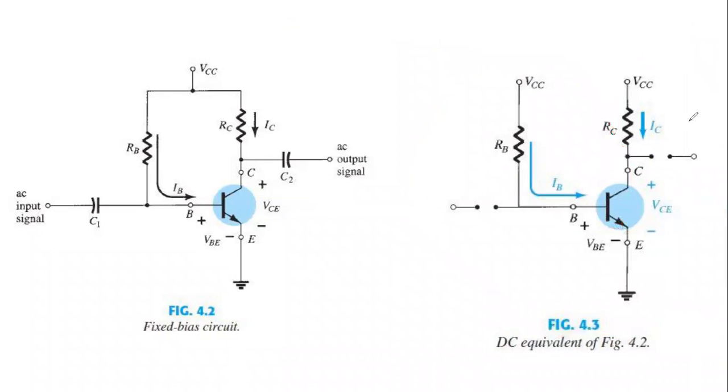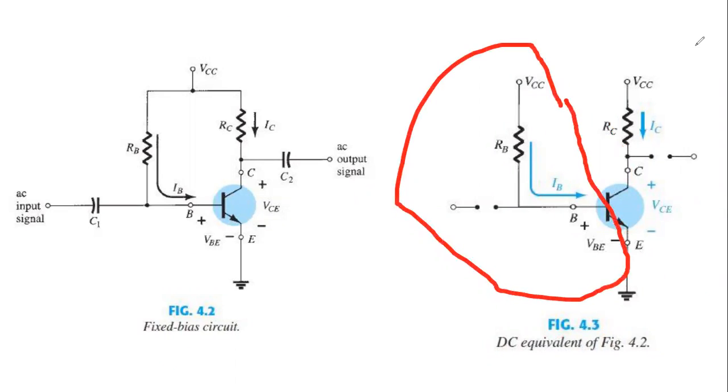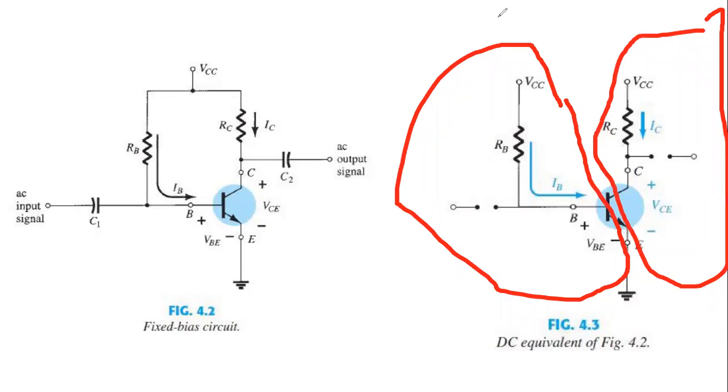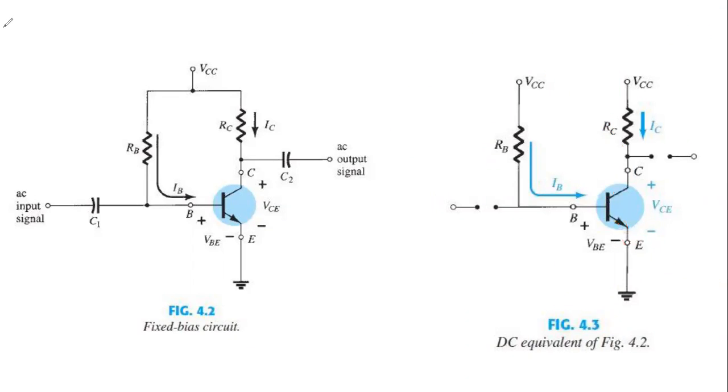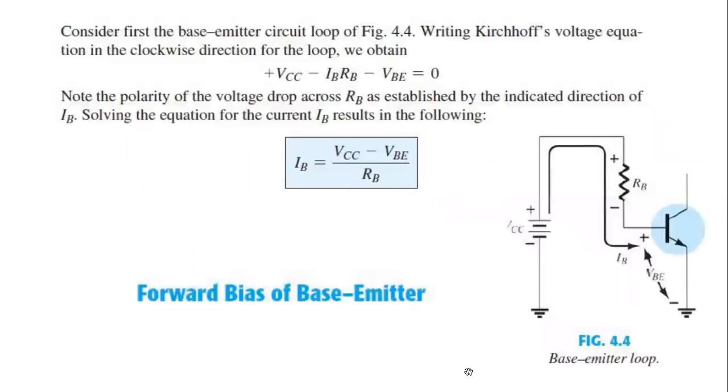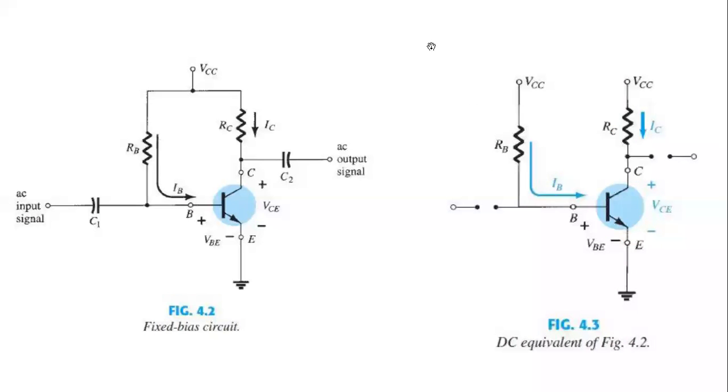So we will calculate the input side separately and the output side separately. Let me go to the input side first of all. My students, if you notice, what is the change here? The change is that this VCC is connected in the input side.